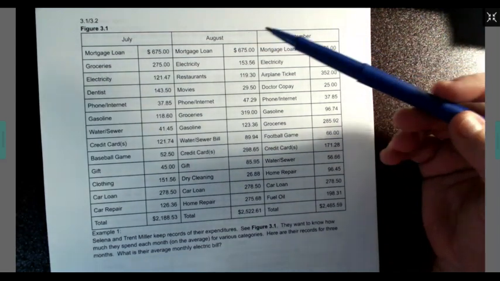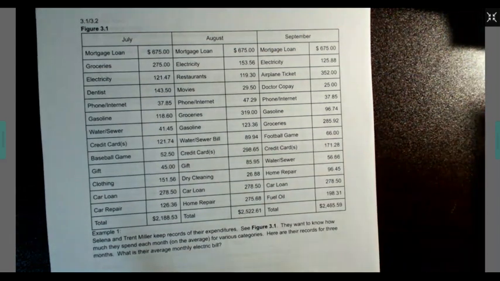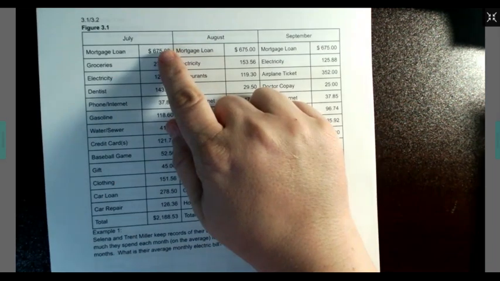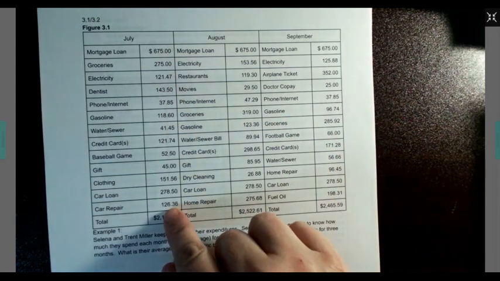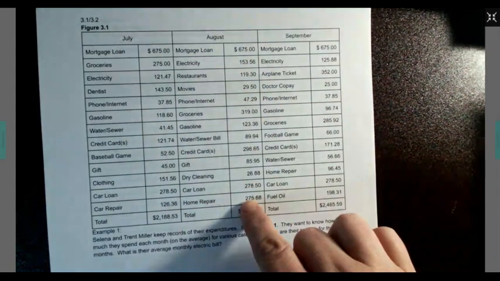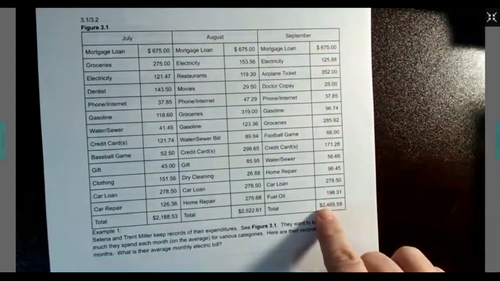We've been given figure 3.1. It gives me all the list of money that was spent. This is my record keeping, okay? Of everything that I spent money on in the month of July, the month of August, and the month of September.